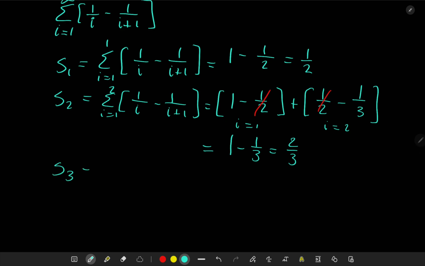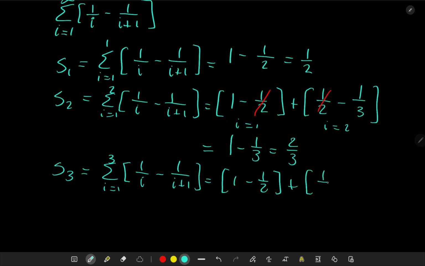S3, you're going to be doing the same thing, adding from i equals 1 to 3 of the same 1 over i minus 1 over i plus 1. So the first two terms, i equals 1 and i equals 2, are the same as we had before. I'm going to write them out even though we already did the cancellation, just so we see how things work.